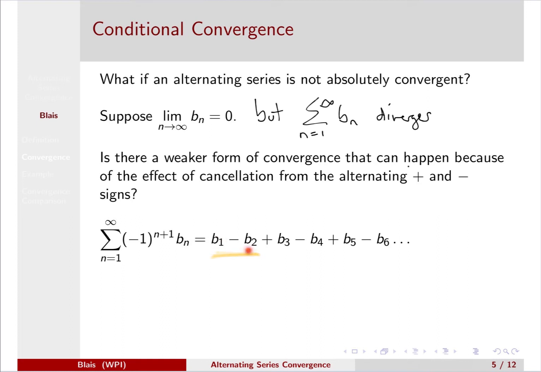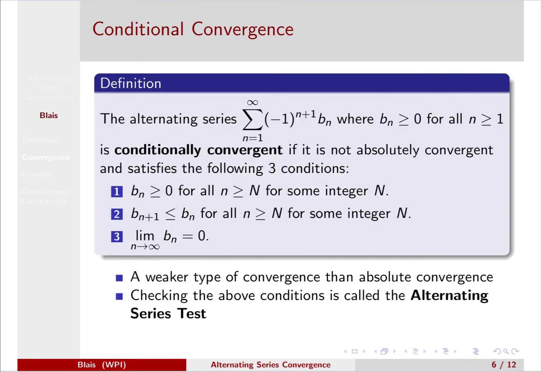So b1 and b2 are non-negative terms, so there's some cancellation here when you subtract one from the other. You get something similar when you subtract b4 from b3. You get something similar when you subtract b5 from b6. So does this situation where the b_n terms are going to zero not fast enough for absolute convergence, but still you get this cancellation happening, give us some kind of convergence? And that's this conditional convergence.